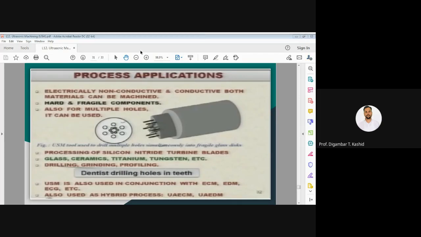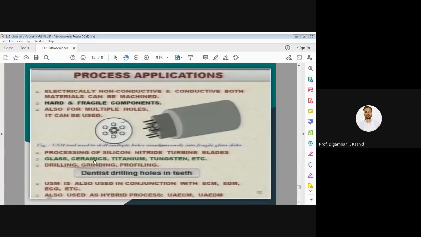Again, now here I have given one very common example or application of ultrasonic machining. That is, a dentist, while drilling a hole in the tooth of a patient, uses this particular process. Okay, I repeat once again: dentists are drilling holes in teeth using this process. So this is a very interesting application of ultrasonic machining.